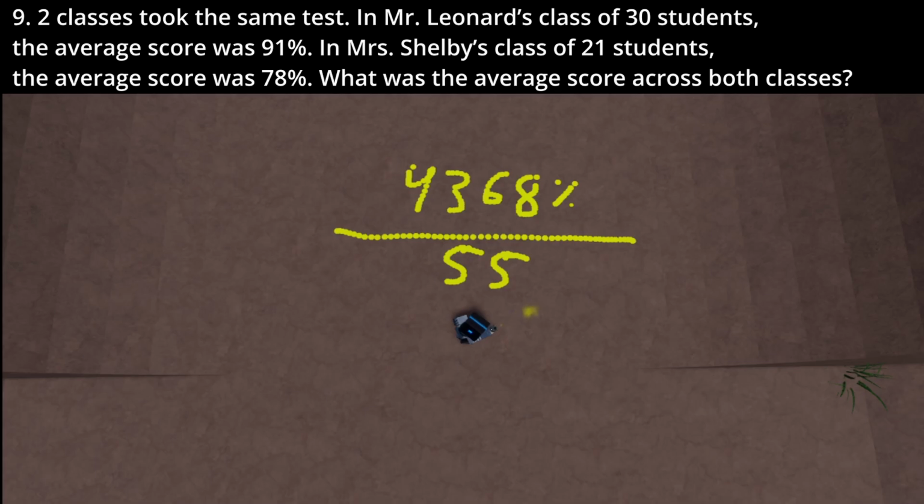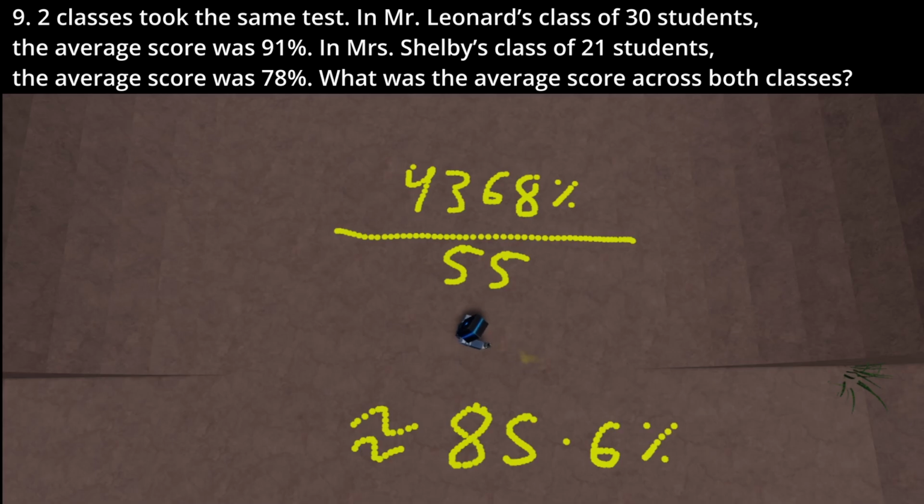So the total sum of all the scores was 4,368% across 55 students. So to find the average, just do 4,368 divided by 55. And if you do that, you get that the answer is roughly equal to 85.6%. And that's it. That's the average score across both classes.